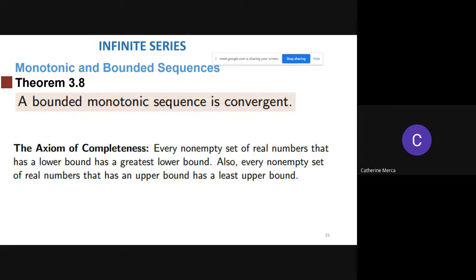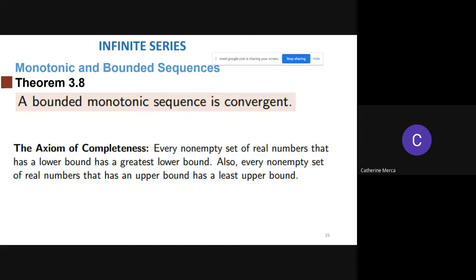If it has an upper bound and a lower bound. Unsay definition sa monotonic? If it is either increasing or decreasing. So, ang buot pasabton, ang sequence nga naay upper bound and lower bound and either increasing or decreasing, it is convergent. Yun ang ibig sabihin ng theorem na to.